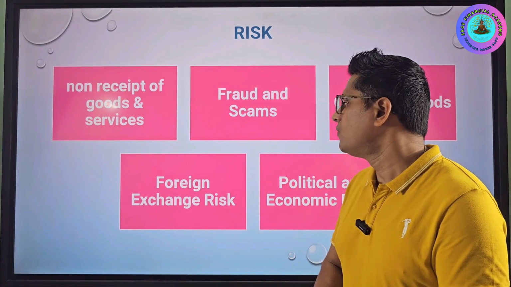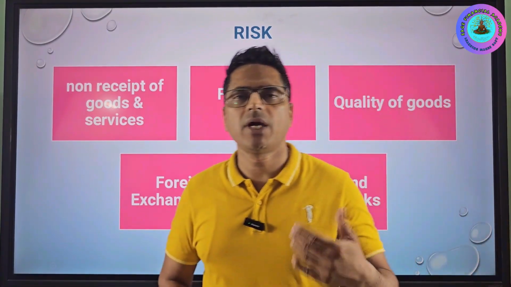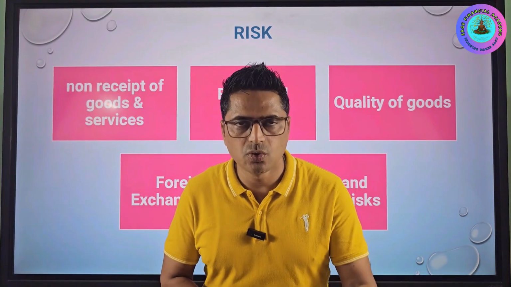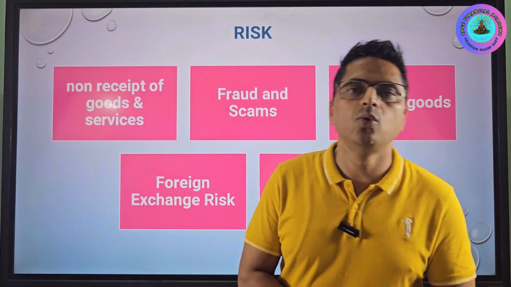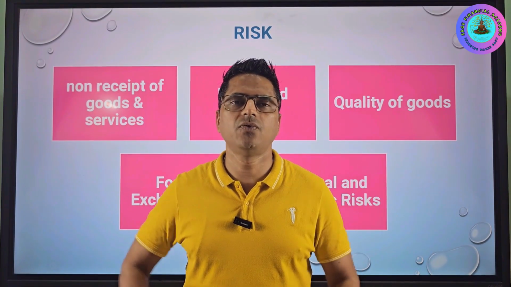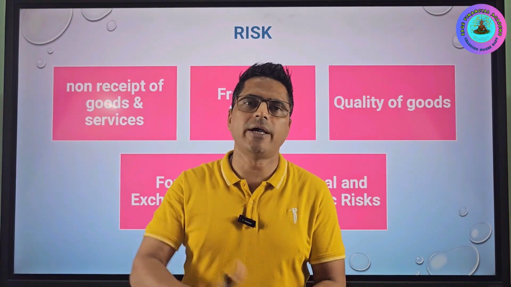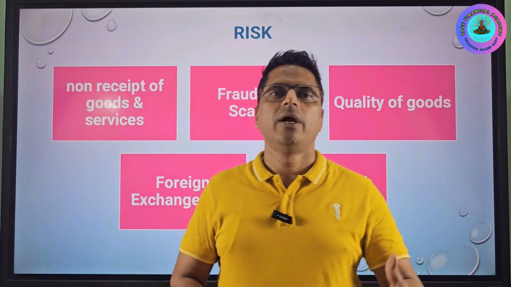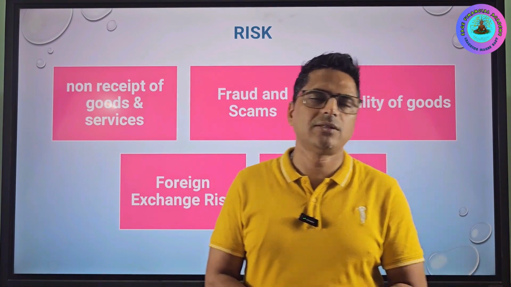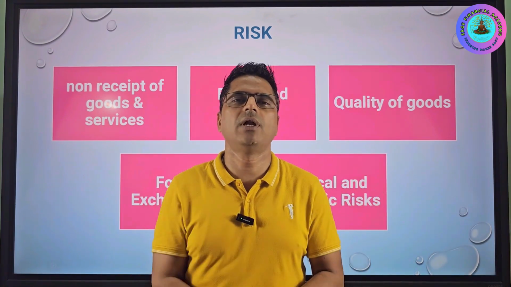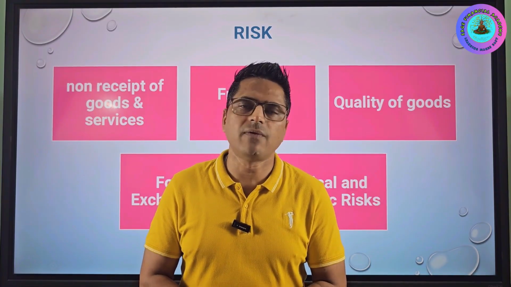What is the other? Foreign exchange risk. It means you are making payment and, due to the currency exchange, you may lose value. For example, if you are making payment in US dollars and the dollar is extremely high, for example 85 rupees, and you are making a $1 lakh payment to the supplier, that costs you 85 lakh rupees.